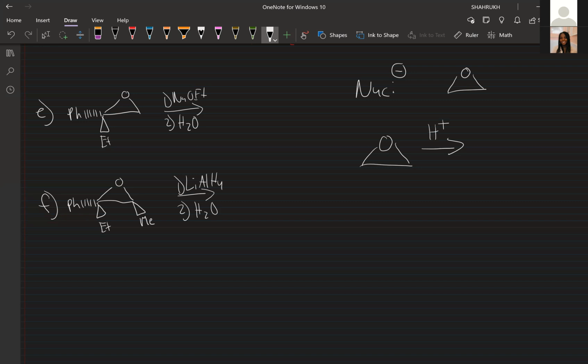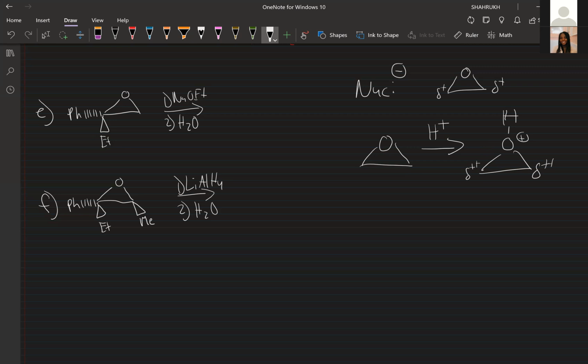When you put it in acid catalyzed conditions, you usually get something like this, with a plus charge on the oxygen, which wants its electron density. So these carbons you could consider more electrophilic. If you put a partial positive here, we could think of these as partial plus plus.